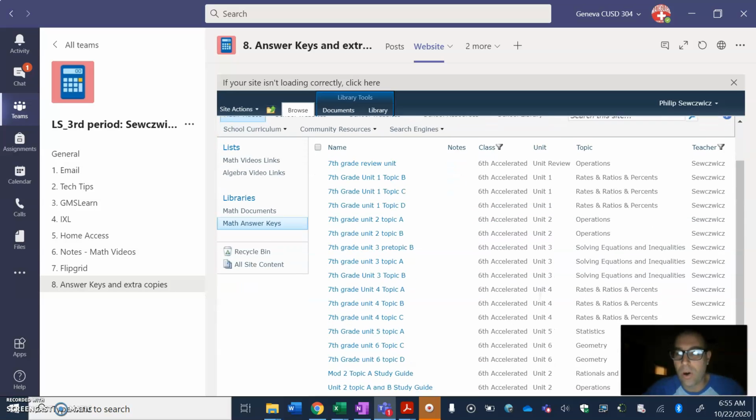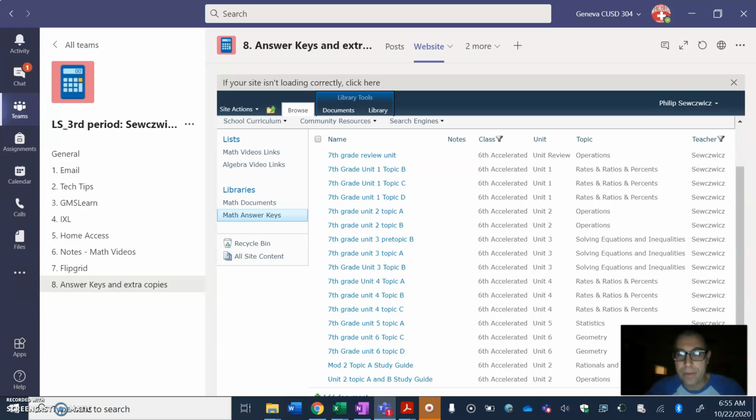And look, they're all there for you. There's unit 1, unit 2, unit 3, unit 4, unit 5. Not a lot in unit 5, unit 6. So I've got them all there for you. If you're not finding something there, let me know, because this is just an easier way for you to have better availability to all of them.